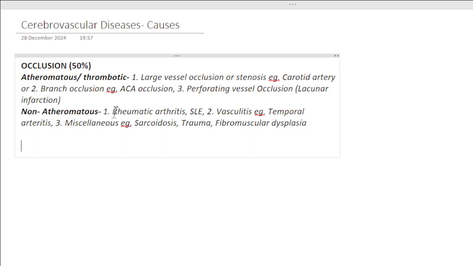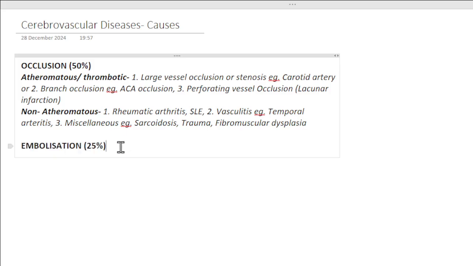Okay, cool. Now after occlusion, what was the next? Embolization. Wonderful. How much? Almost 25%. Remember this, very, very important. Embolization, 25%.